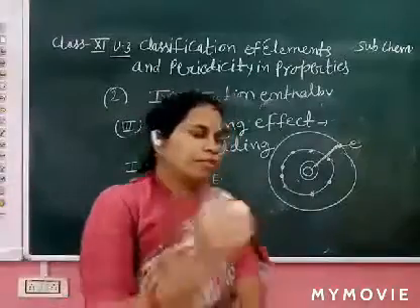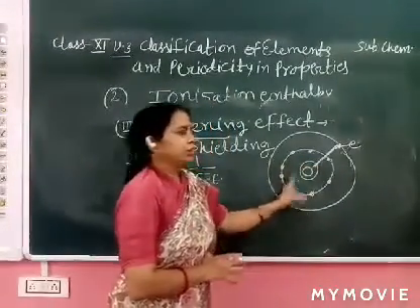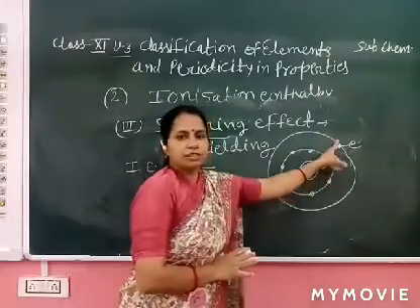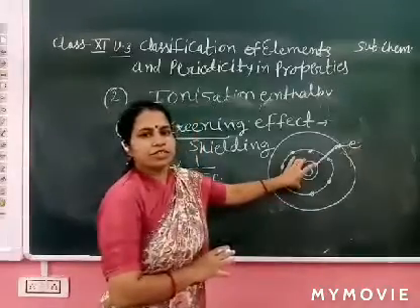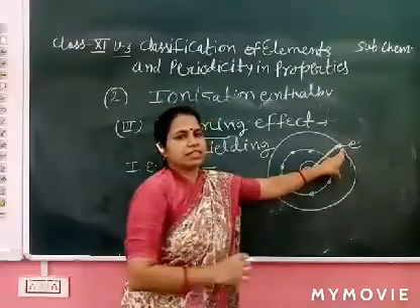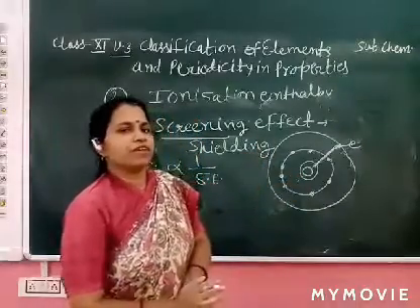Clear? These electrons are negative, this electron is also negative, there is repulsion, and these electrons also shielded the nucleus attraction, and the outer electron felt less attraction towards the nucleus. This is called the screening effect.